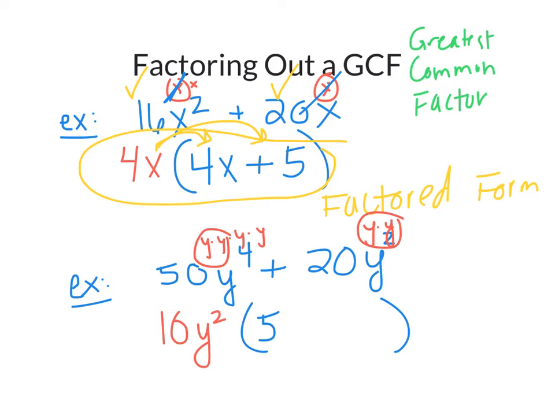Y squared out of y to the fourth, well, I took y squared away, so I'm left with 2 more y's, y squared. And then 10 out of 20 is 2. These y's are gone, so it's just 2. And then if I redistribute it, 10y squared times 5y squared is 50y to the fourth. 10y squared times 2 is 20y squared, so we know that that's the correct final answer.